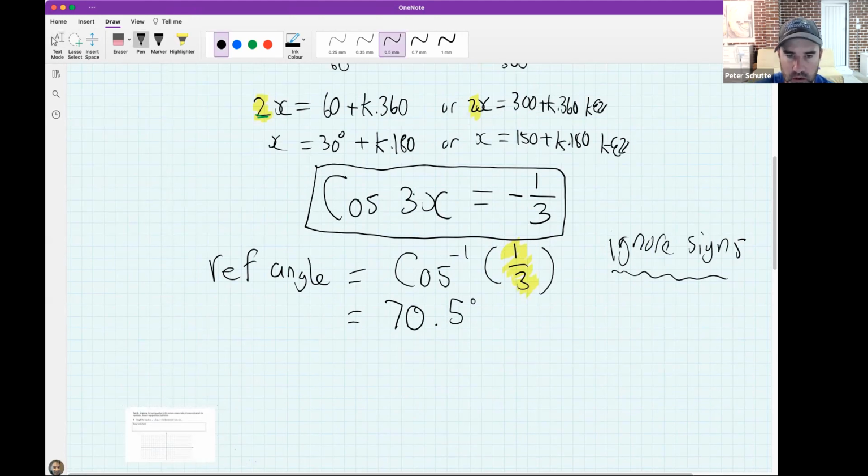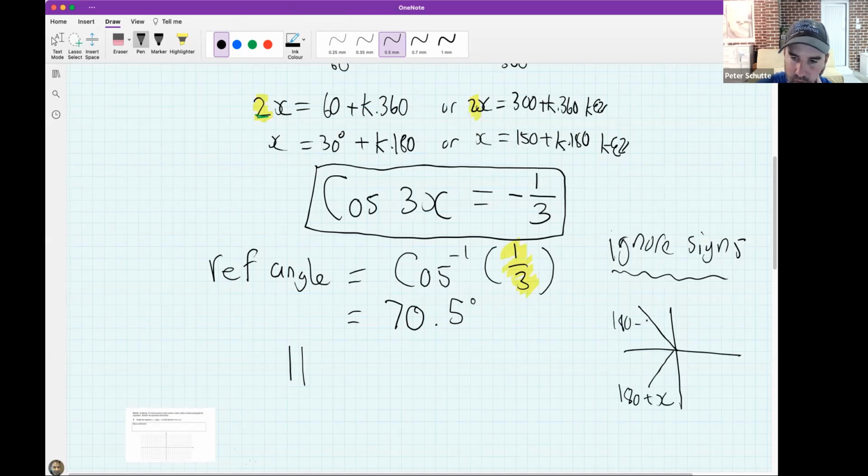So what quadrants is cos negative in? So I think we can even draw a little cos diagram. So cos is negative in that quadrant and that quadrant. I like to do my Roman numerals.